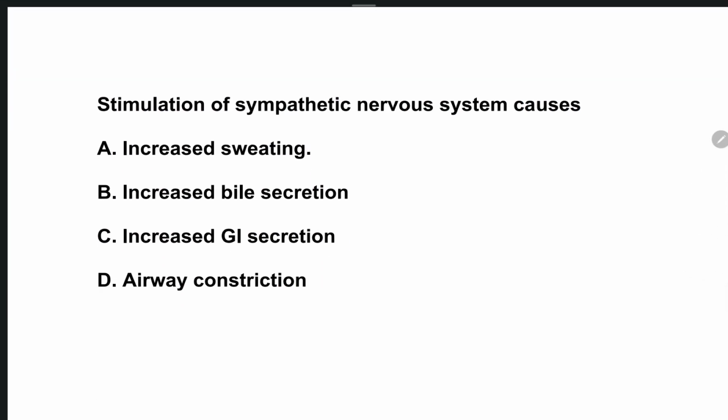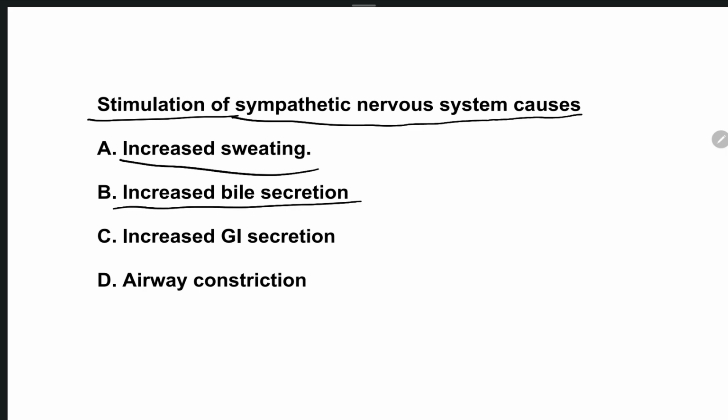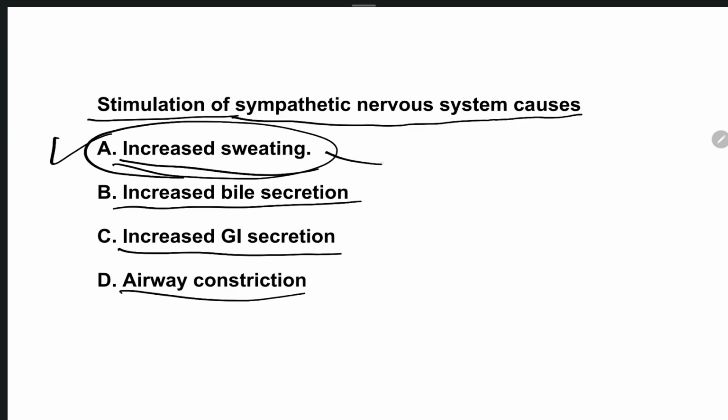The next one is a stimulation of sympathetic nervous system causes. Options are increased sweating, increased bile secretion, increased GI secretion, airway constriction. The right one is option A, increased sweating. So increased sweating we can see, it is controlled by the sympathetic nervous system.